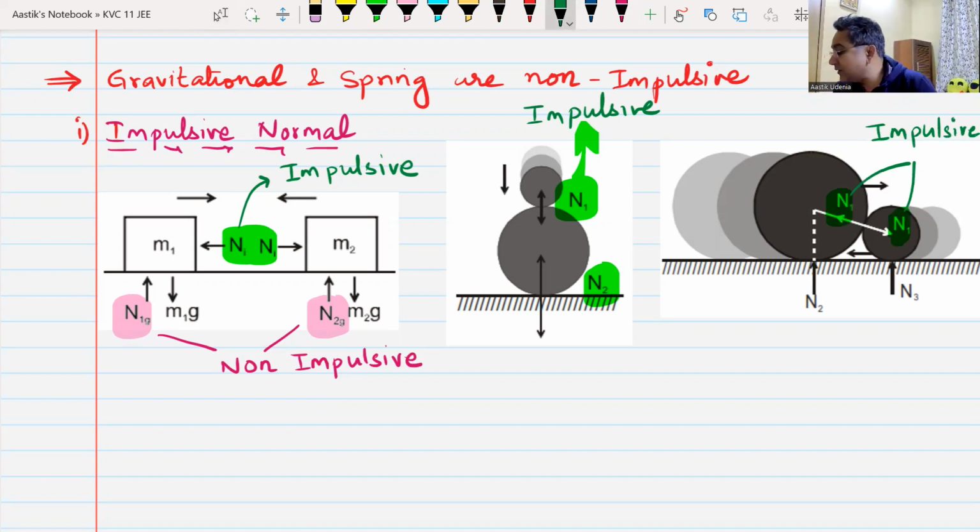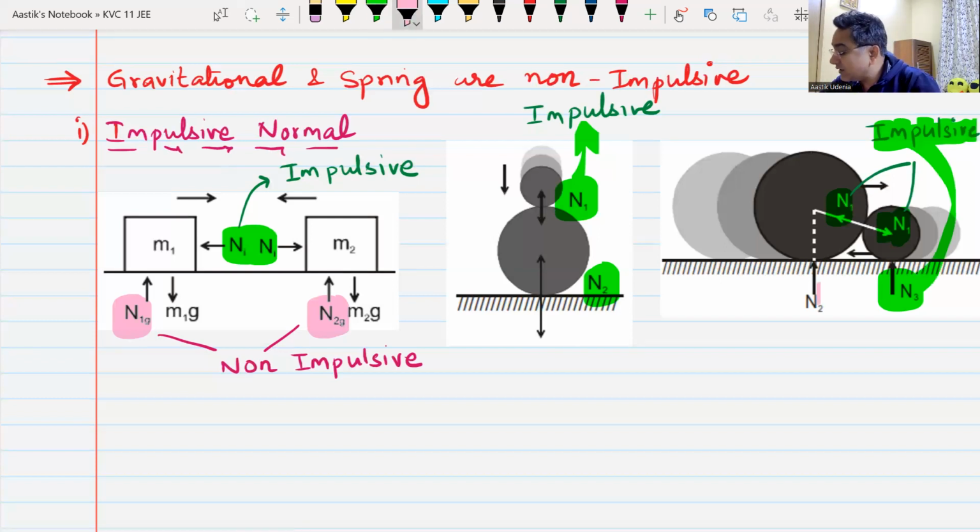Which do you think is impulsive? N3 is also impulsive, because if N3 was not present, this ball hitting the lower ball like this would have moved the lower ball this way. It is not moving, it is restricted. Therefore, this is also an impulsive reaction.